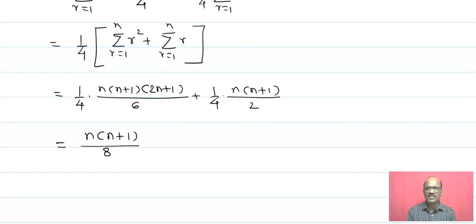Now we are taking n into n plus 1 upon 8 as common from these two terms, which is the common term, n into n plus 1 upon 8 in bracket 2n plus 1. The remaining term is 2n plus 1.